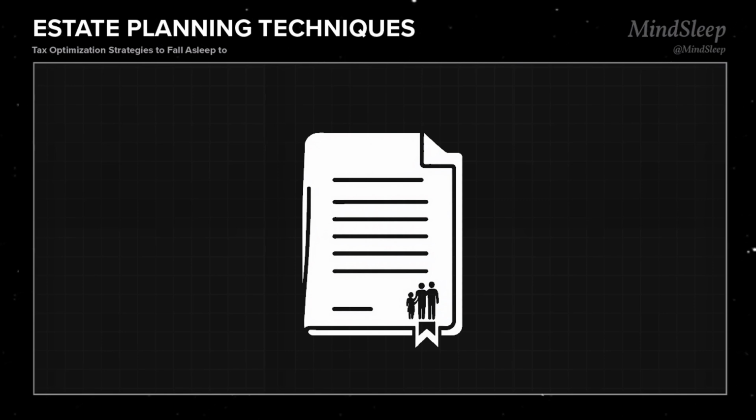GRATs can be particularly effective in a low interest rate environment or with assets expected to appreciate significantly. However, they require careful planning and execution, as the grantor must survive the trust term for the strategy to be effective.